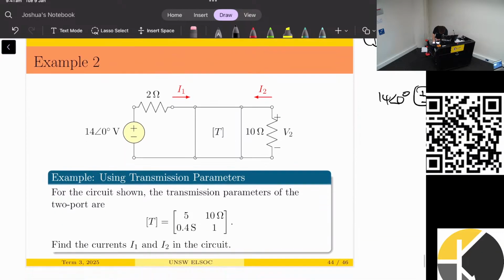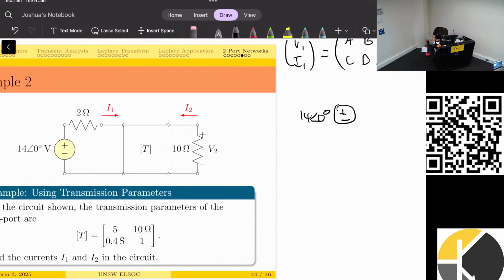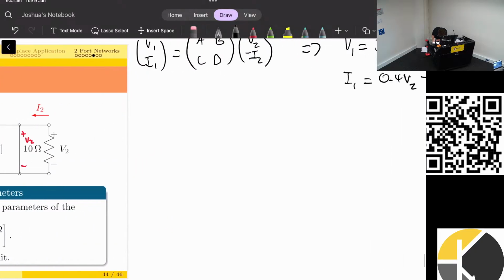What we're going to do is perform mesh analysis. I don't even need to redraw the circuit in this case. All we need to do is take a KVL loop here, noticing that this is V1 and this is V2, which they've given us. We can write KVL at loop 1.